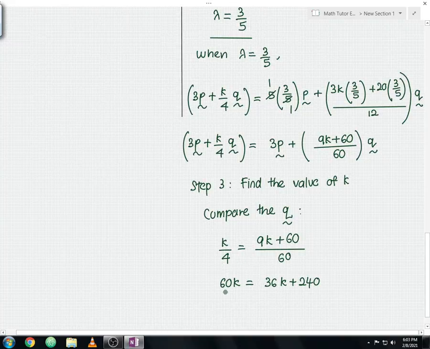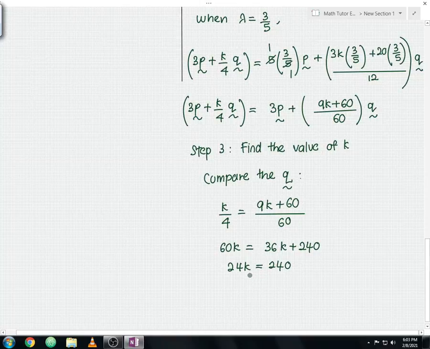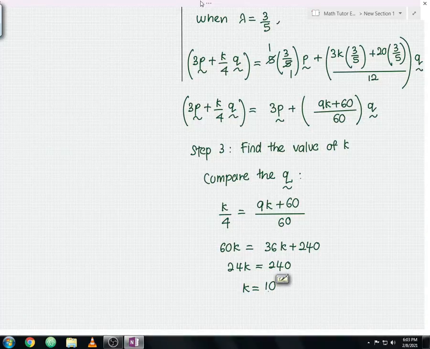So 60k minus 36k will be 24k. So 24k will be equal to 240. So to find k, you divide 240 with 24. So from here you should get your k value is equal to 10. So this is your answer for the question part B, guys. Okay, let me outline the solution.